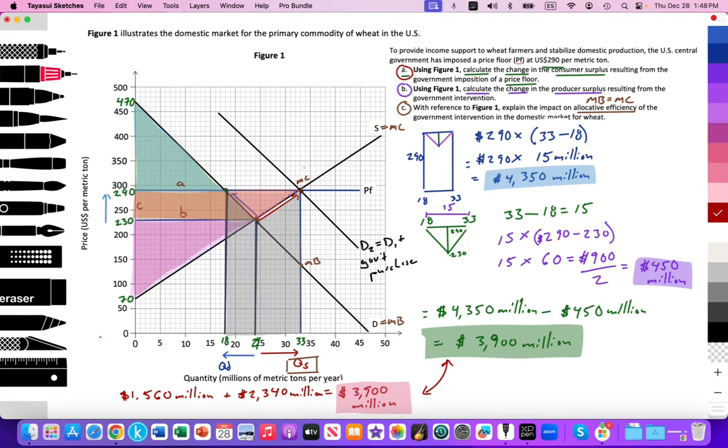And as a result, the welfare loss, that gray area, contains the additional producer surplus. This triangular area here is 450 million that's being allocated towards producers, but the rest is wasted tax revenue of 3,900 million. Okay, and that's it.